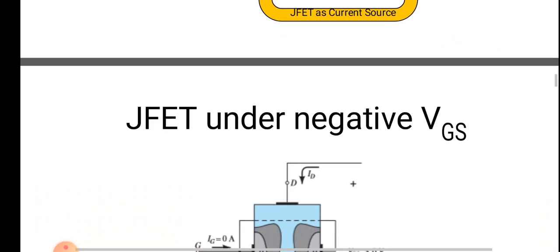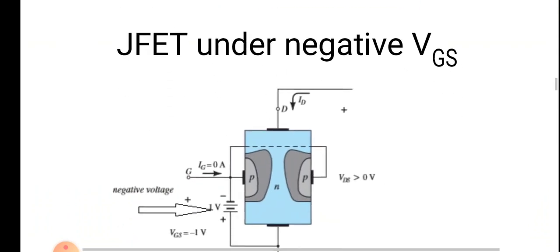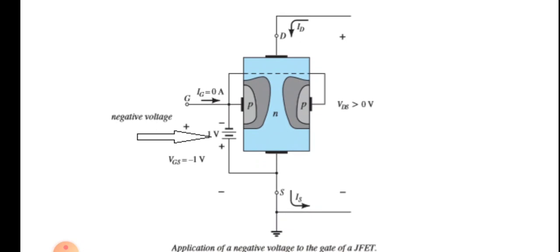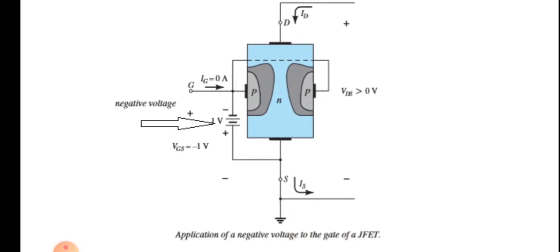Next is the JFET under negative gate to source voltage. In this case, you can see that we have a potential difference between the gate and source terminals, but the gate is at a negative potential compared to the source. So a negative potential is applied at the P region, and on the upper side the N region is applied with a positive potential.